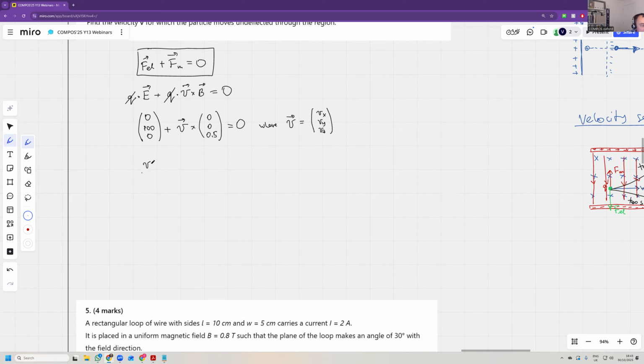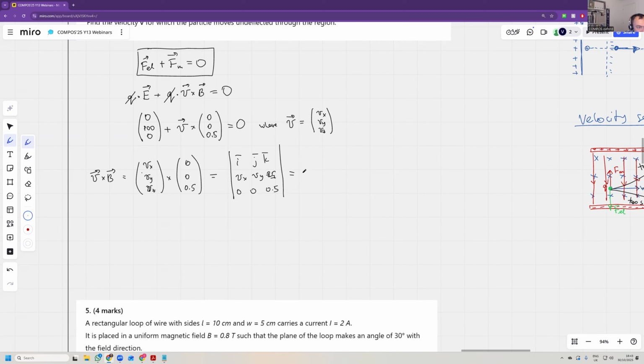So Vx, Vy, Vz cross 0, 0, 0.5, which is V times B, and that's equal to the determinant of i, j, k, Vx, Vy, Vz, 0, 0, 0.5.